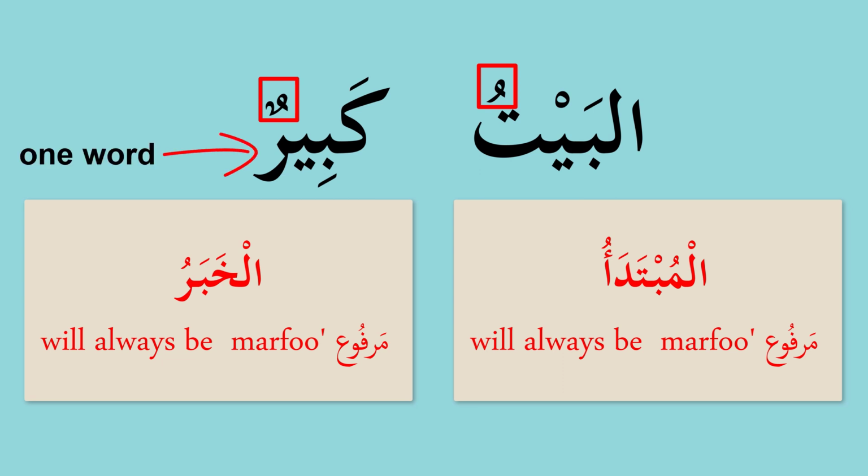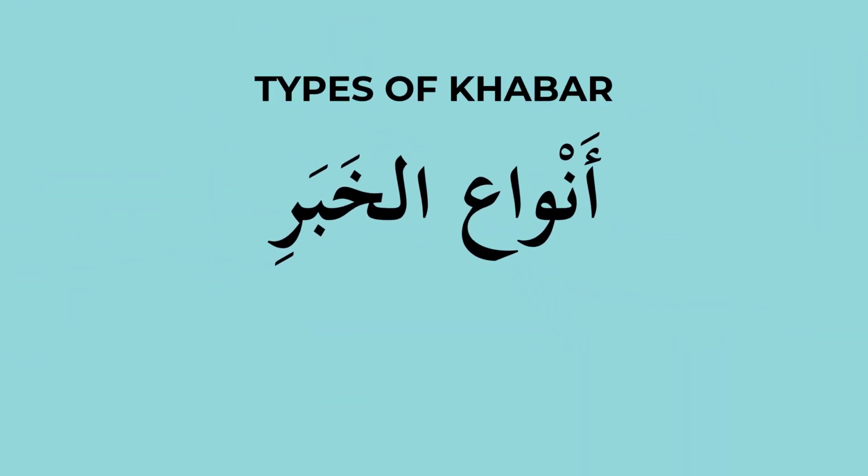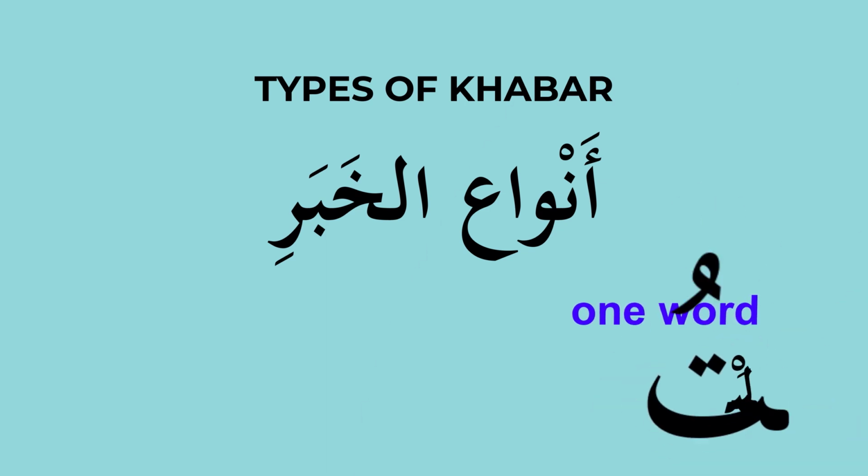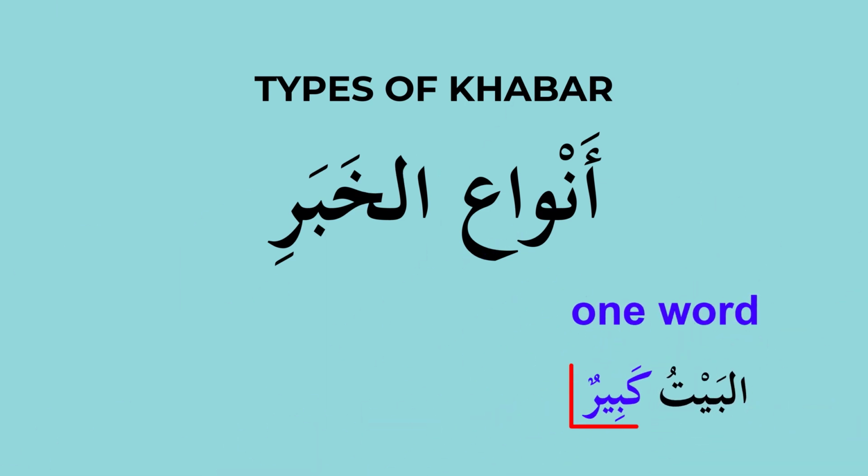And there are different kinds of khabar. It will come slowly, and when they come, I will be pointing out to you. The first form of khabar is if it is one word, it is marfu.